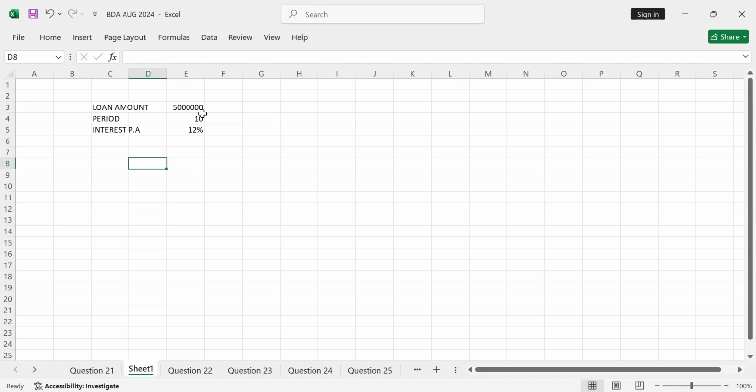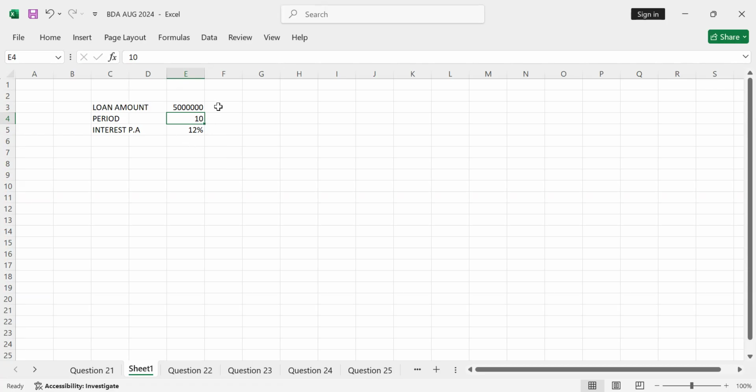Loan amount is 5 million. Period is 10 years. Then we have the interest per annum. We want to know now monthly. Mostly in our case, we prepare the loan amortization on monthly basis.